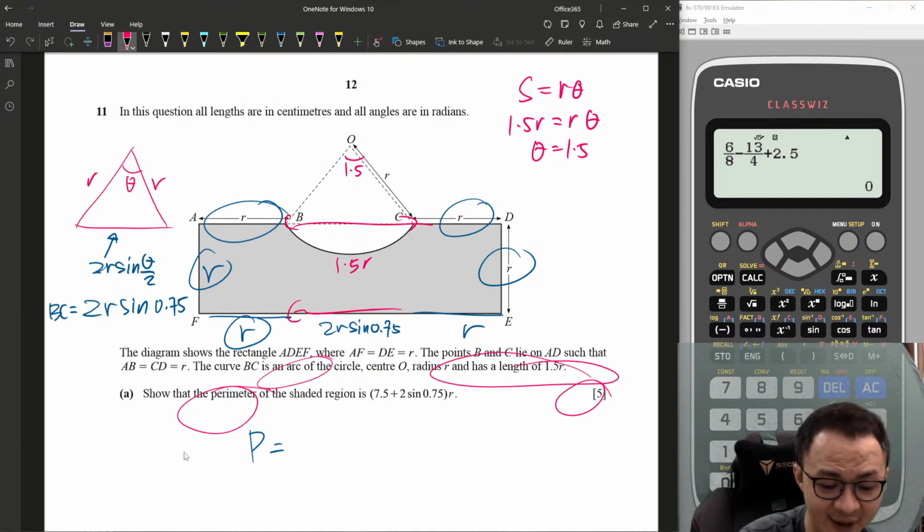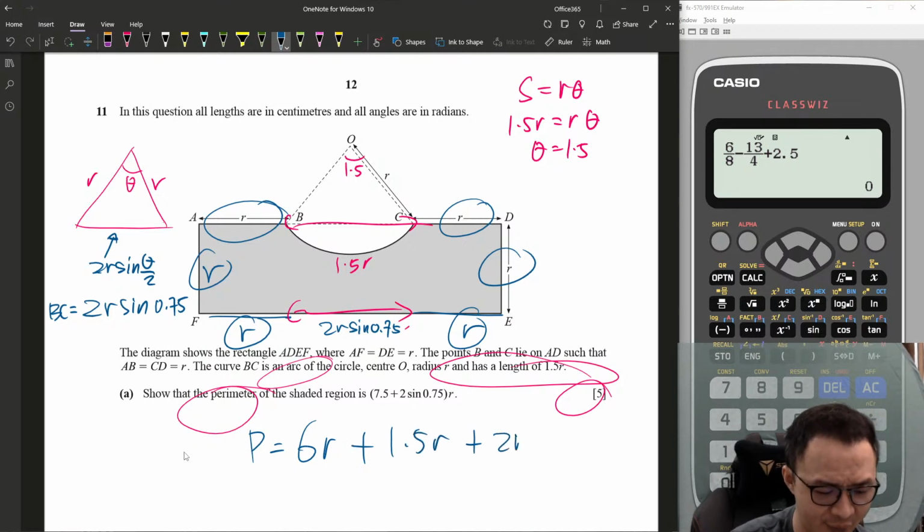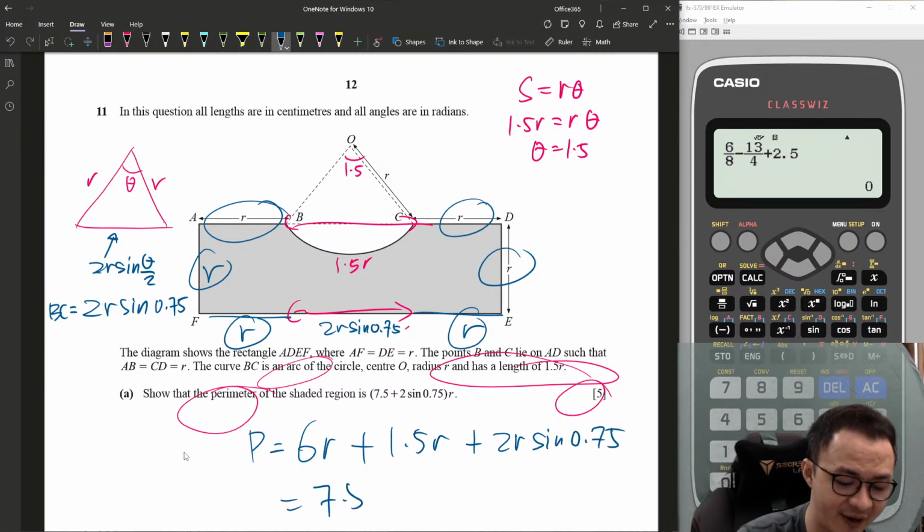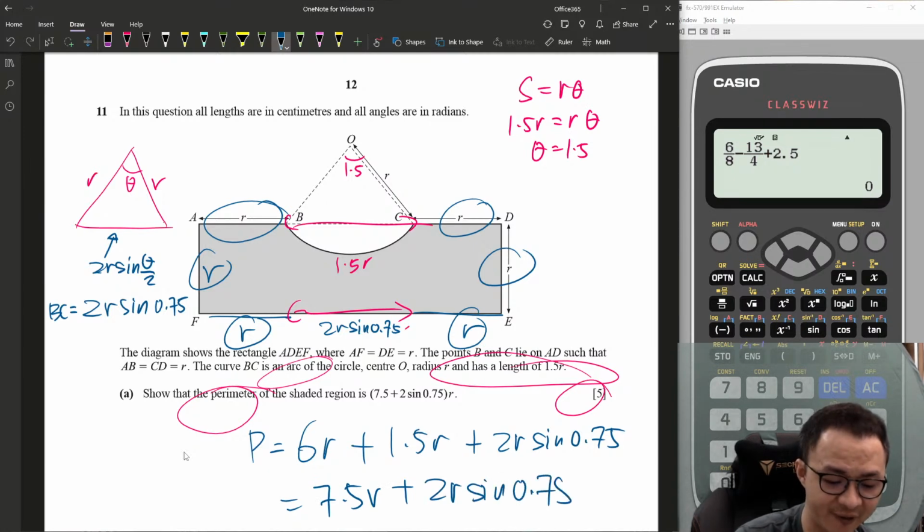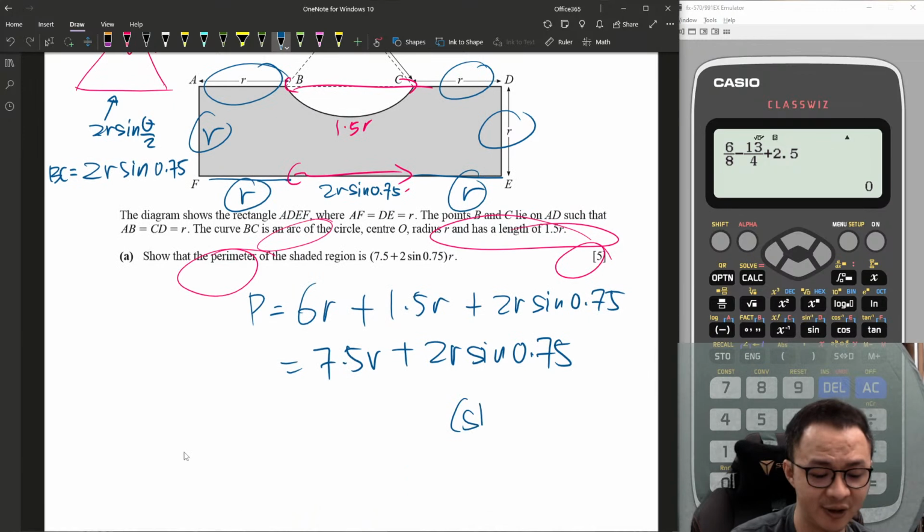So my perimeter total is 6r plus 1.5r first, and then plus 2r sine 0.75. So I get 7.5r plus 2r sine 0.75. This is what they want shown.